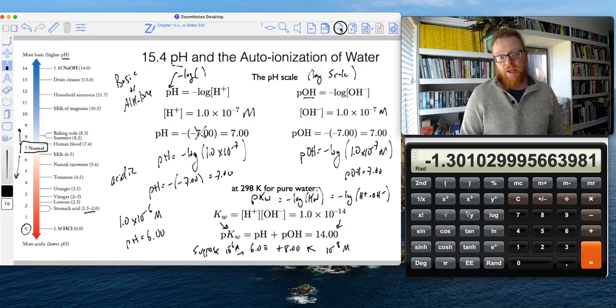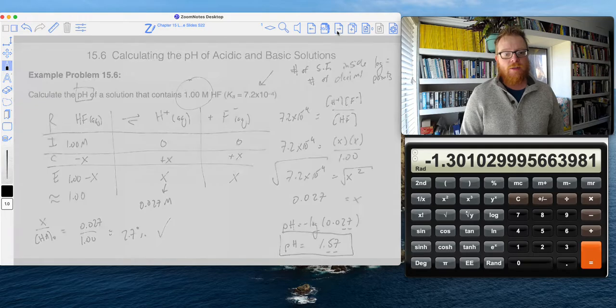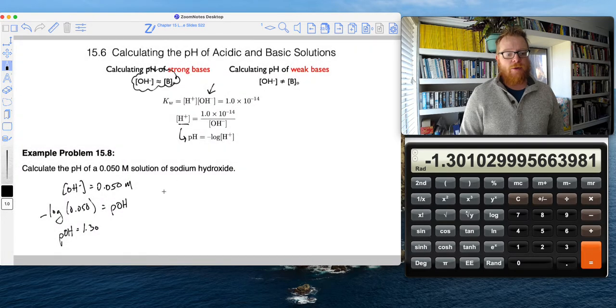So that's one way we could do that. So let's write that down, okay? We could say pH plus pOH equals 14.00. So then we know that the pH is 14.00 minus the pOH.